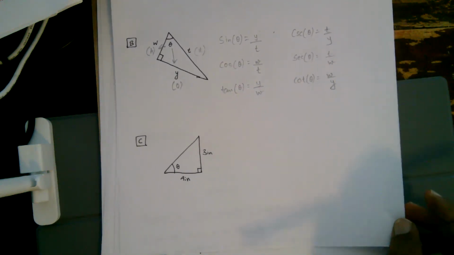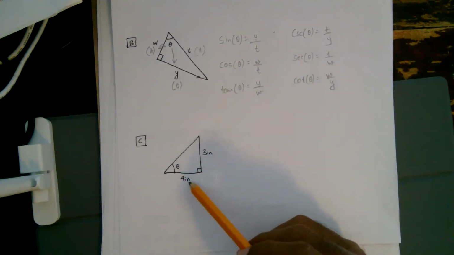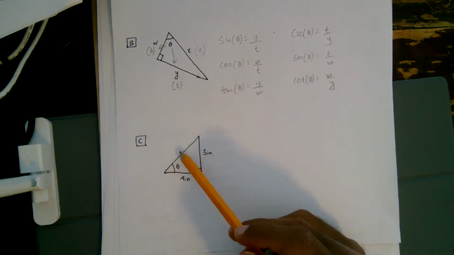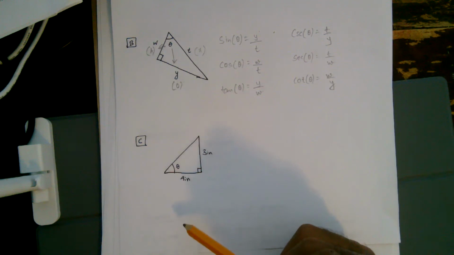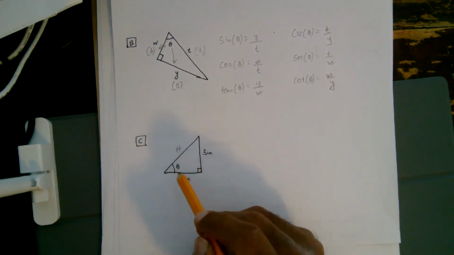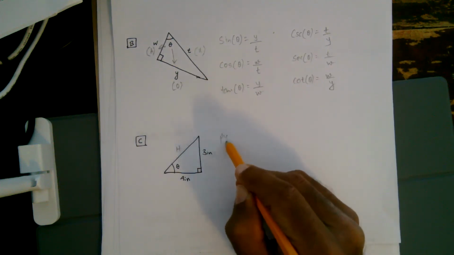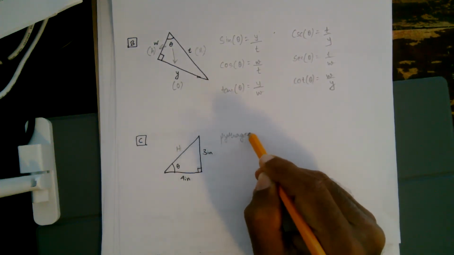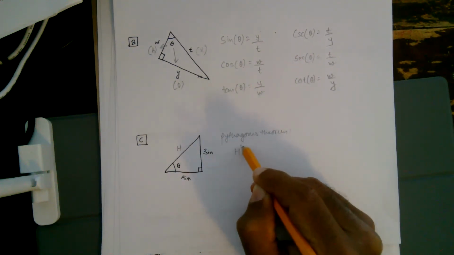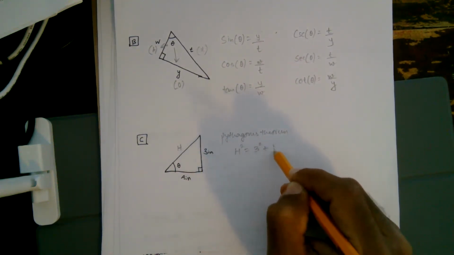Now the last example is a different type where I'm going to be using numbers, and you will notice the hypotenuse is missing. But we've learned something before about right triangles which we can use to find the hypotenuse. Let's say I call this h, then I can use the Pythagoras Theorem, which tells me that h squared is 3 squared plus 4 squared.